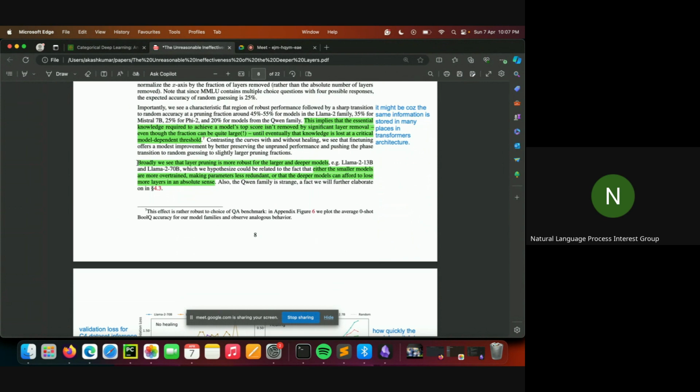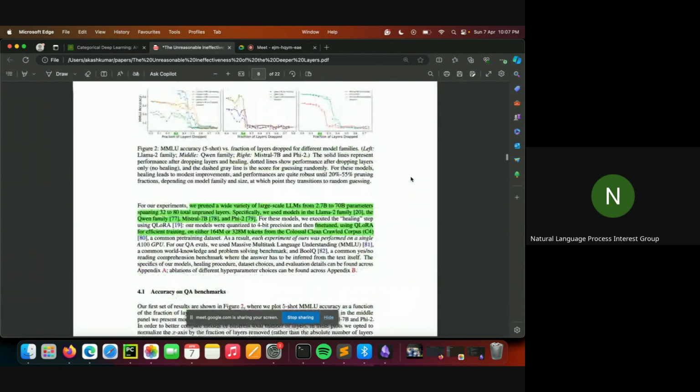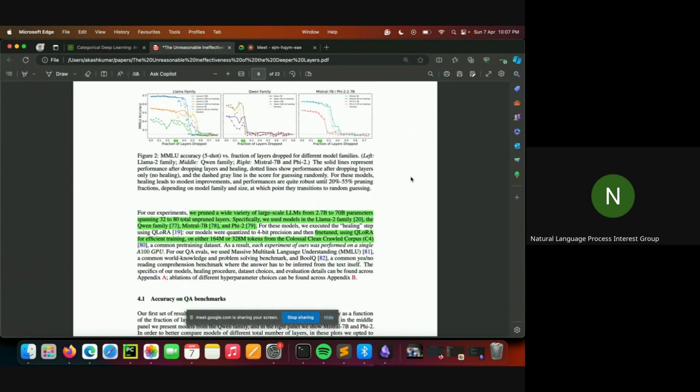So they say that the bigger the model, the more robust they are to removing their deeper layers. And the smaller models are more overtrained, making parameters less redundant. Especially here in the Qwen family, the number of parameters is smaller, so there is much more overtraining happening over the data, and they remember a lot of information.